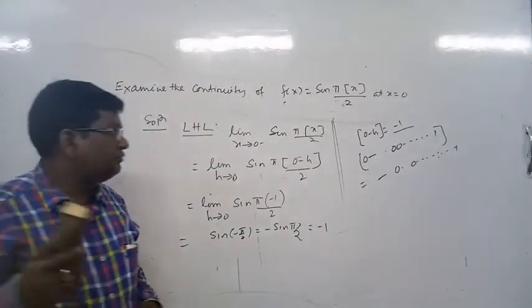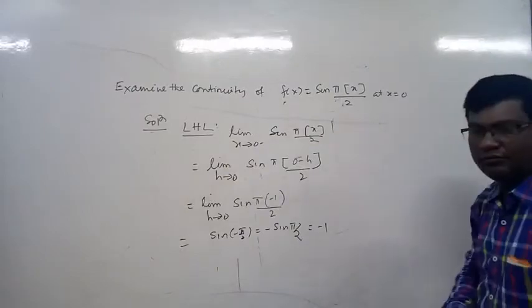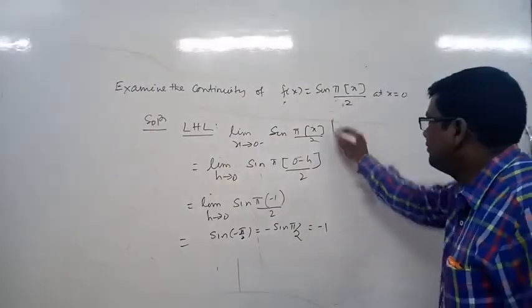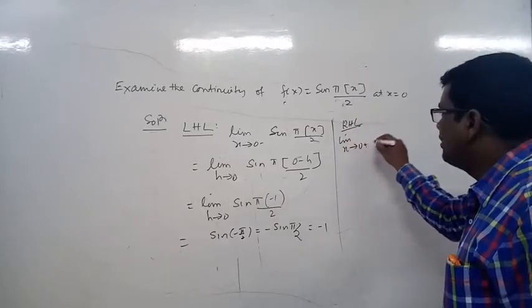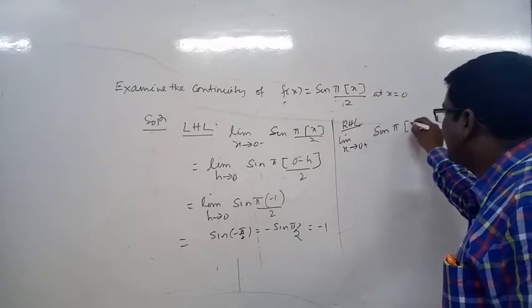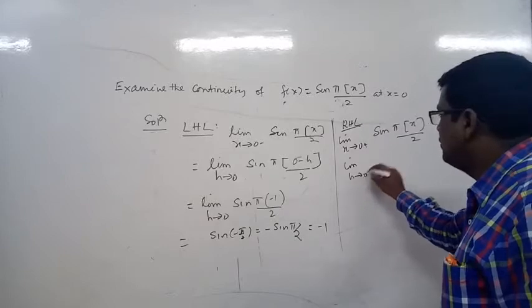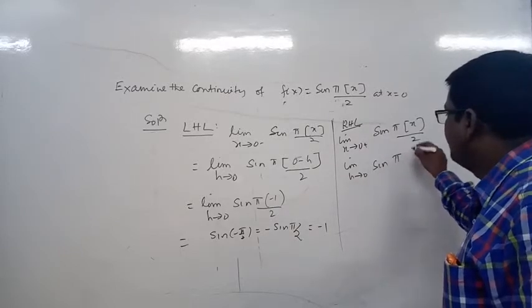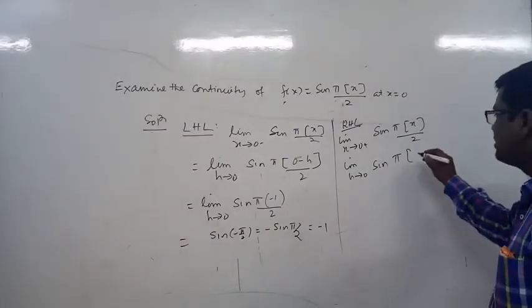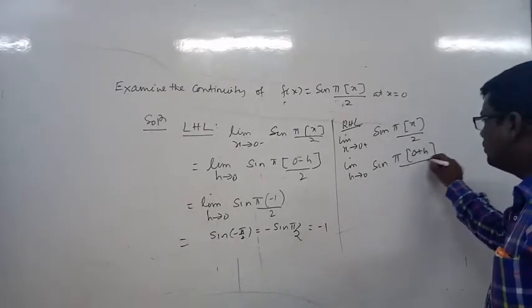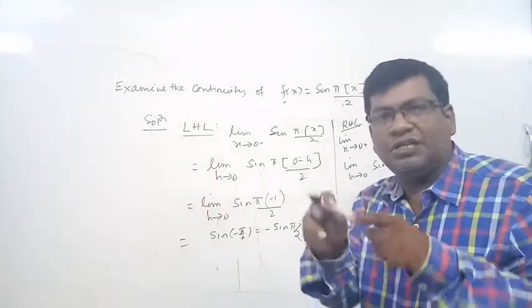And RHL. Now to find RHL: limit x tends to 0 plus of sin pi bracket x by 2. Clear? And this is limit h tends to 0 of sin pi, replace x by 0 plus h by 2. Clear? And 0 plus h means 0 point something in square bracket.